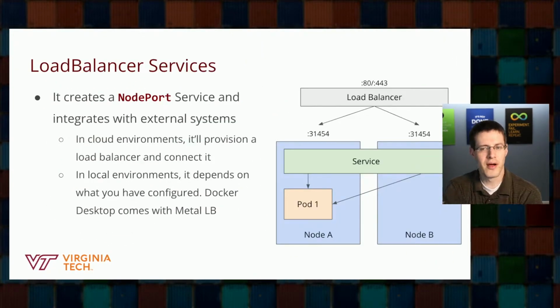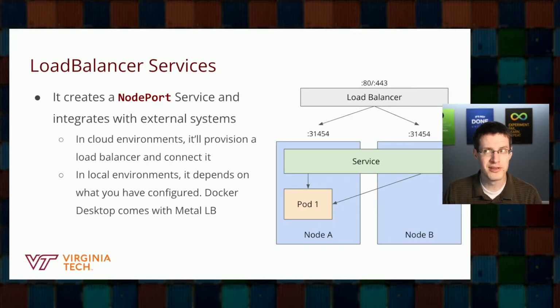Okay, so load balancers. Just as cluster IP is the base, and then the node port builds on top of that, the load balancer even builds on top of the node port. And what it does is it connects with external systems. For example, if I'm running in the cloud and I use the load balancer service, that will actually go out and provision an AWS load balancer.